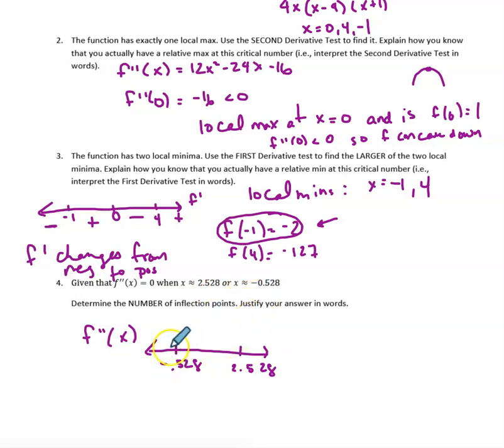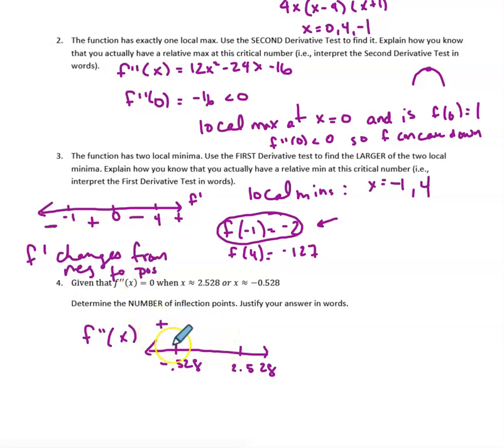And now I just need to determine on the number line whether the signs changed in each of these intervals. So let's try plugging in -1 into the second derivative. And my second derivative is up here. If I plug in -1, I get 12 plus 24, which is 36, minus 16, which is a positive value, 20.